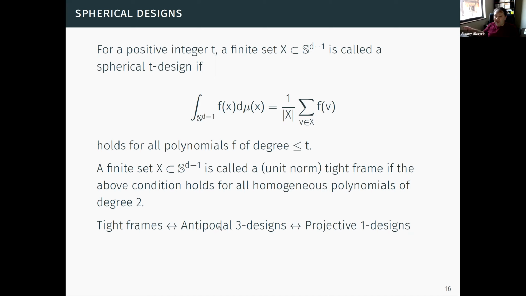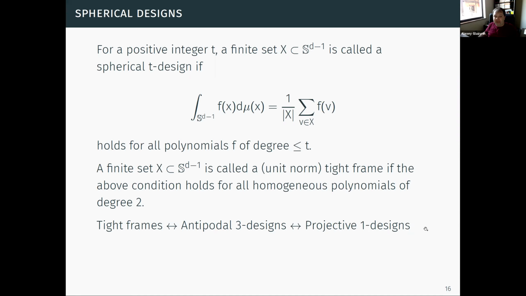So for a tight frame, if for each point you add the opposite point and you look at this set, that's going to be an antipodal 3 design, because of the opposite vectors, the condition will work for degree 1 and 3 as well, and they also may be called projective 1 designs.